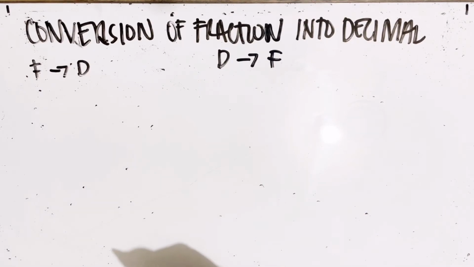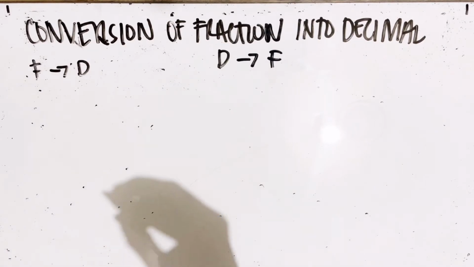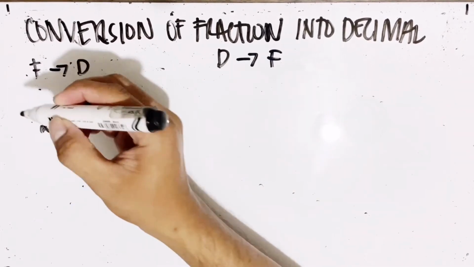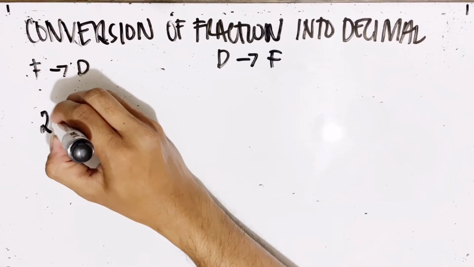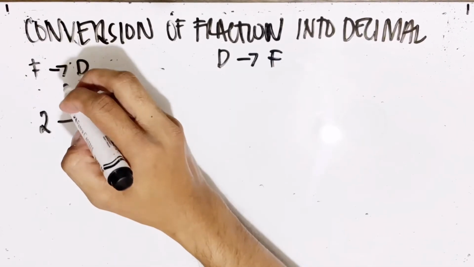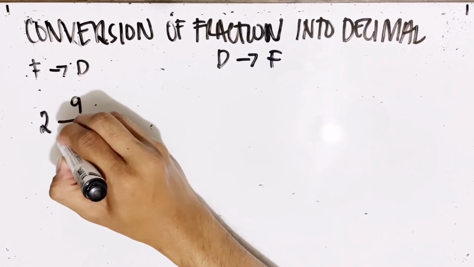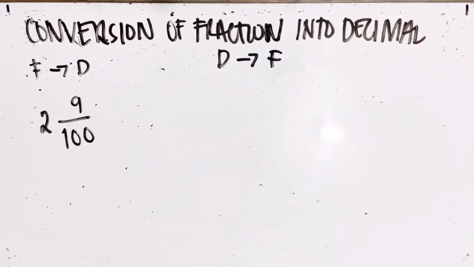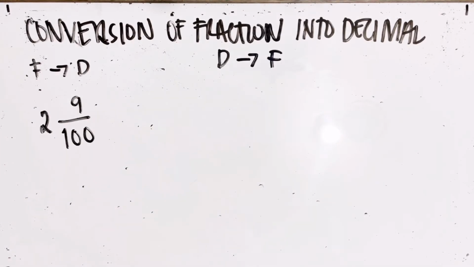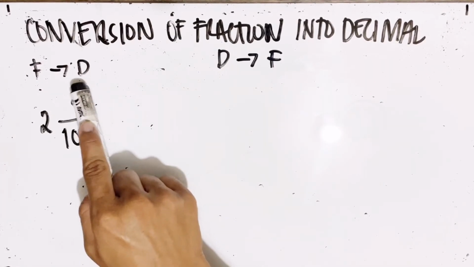So let's have another example. So here, our fraction is a mixed number. So a mixed number is composed of a whole number, example 2, and a fraction. So our example will have 9/100. So this one is an example of a mixed number because we have a whole number plus a fraction.